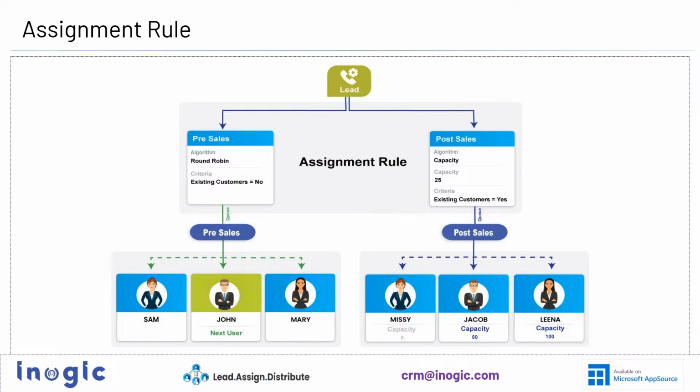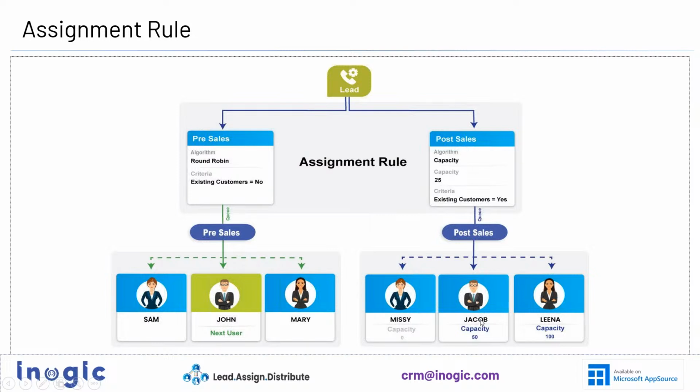So if a new lead is being created, then in the current situation, Missy doesn't have any available capacity. She is probably working already on certain records, and that's why she doesn't have any capacity. So the solution will never consider Missy for assigning of the record. However, Jacob has got capacity of 50, so a new lead or the new record which hits the post-sales queue can be assigned to Jacob.